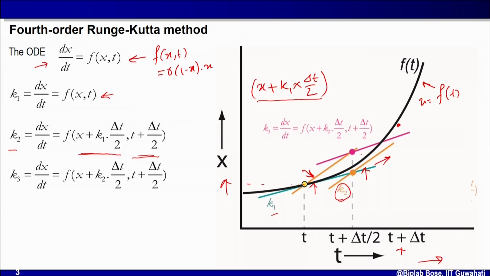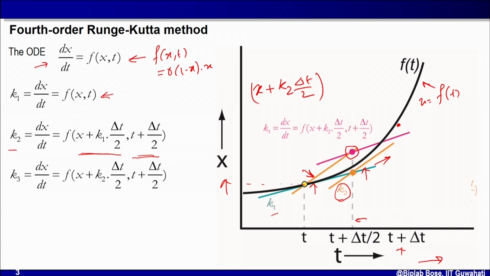And I extend that new orange line till it intersects the vertical line drawn at t plus delta t by 2, that is this vertical line. So I get a pink dot here. This is the point of intersection. What will be the value of x there? The value of x at that pink point will be x plus k2 into delta t by 2.